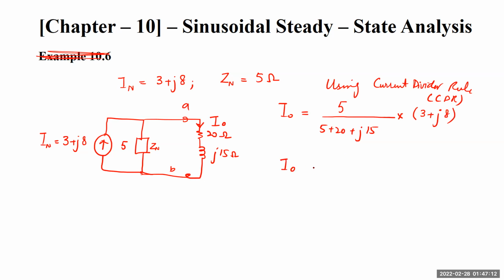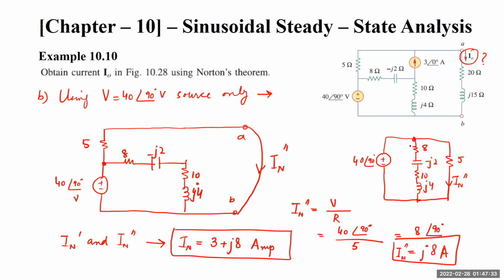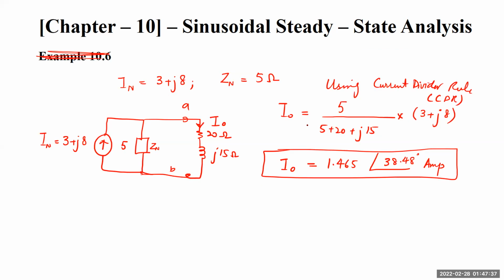Just using this, my overall value will be 1.465 angle of 38.48 degrees amperes. So this is how you calculate the I naught value for this circuit using Norton theorem based analysis.